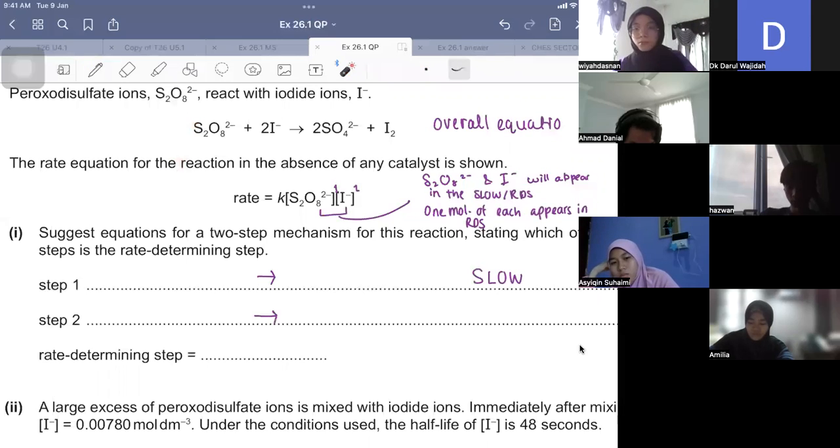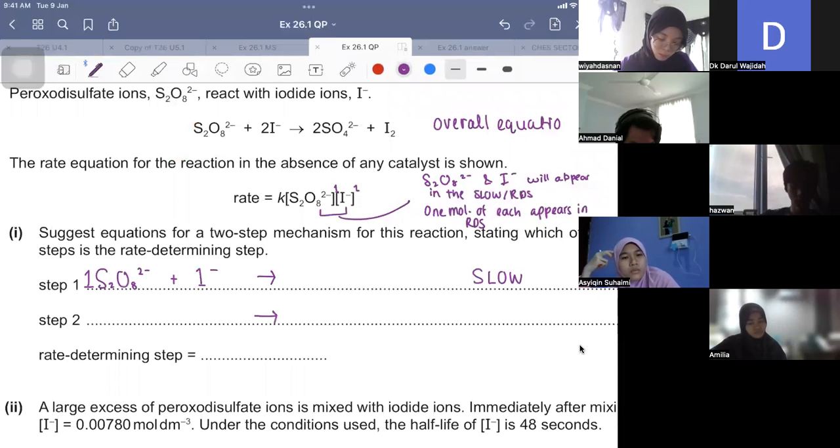What my rate equation is telling me is that 1 molecule of persulfate, S2O8 2-, since the order is 1, will appear in the rate determining step, the slow step, together with 1 molecule of iodide. This information is from the rate equation.